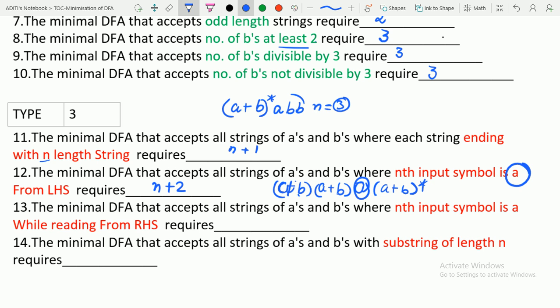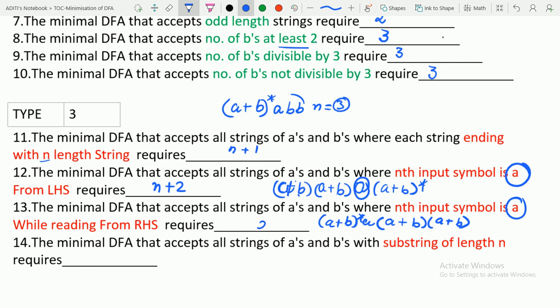Now 13, the minimal DFA that accepts all strings of A's and B's where the nth input symbol is A reading from the RHS. From the right hand side, if we are getting the nth input symbol as A or B, say A, then it can be written like this. Suppose we are getting the third input symbol from the right.